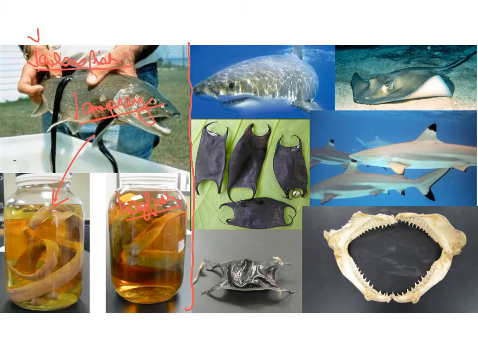Once again, we are going in an order that represents primitive to advanced. So the first chordates to evolve were those ones that we saw on the previous page without a backbone. Now we have a backbone, but no jaws.